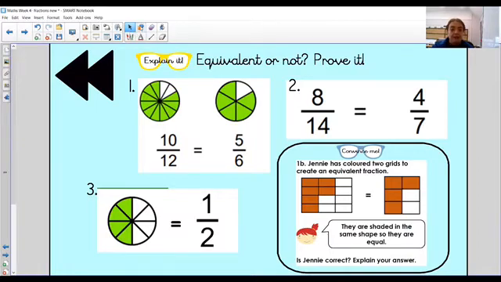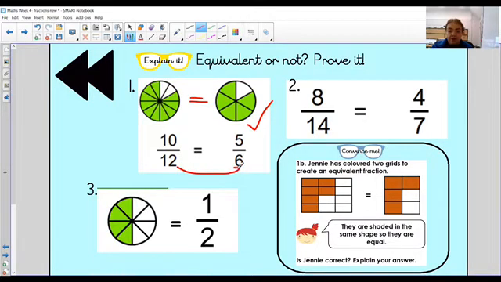So let's have a look at this first one then. I've got 10 12ths and I've got 5 6ths. Now, I've used the diagram here. They look pretty even to me. So I think that that one is true, but I'm just going to double check it by using my knowledge of the denominator and the numerator relationship.